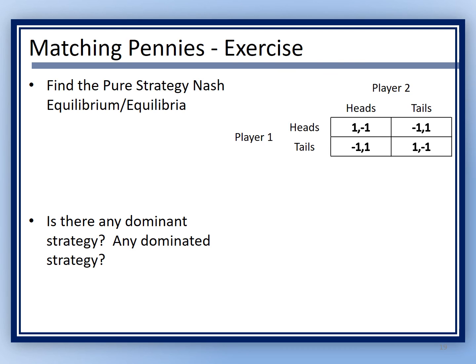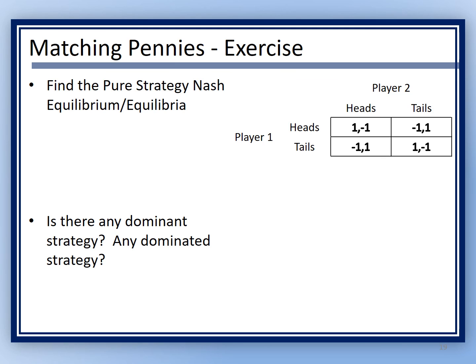Alright? What's the Nash equilibrium in this case? Do you have any Nash equilibrium? If you think about it carefully for just a few seconds, it's difficult for there to be an equilibrium in this case.